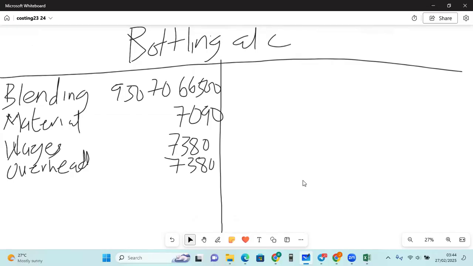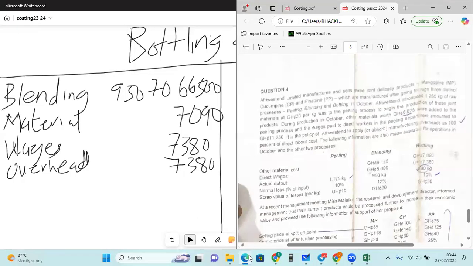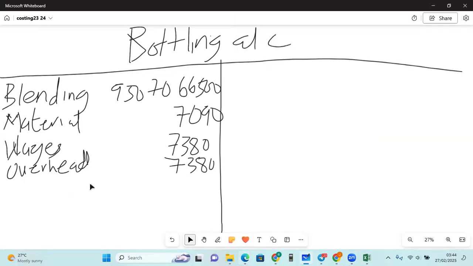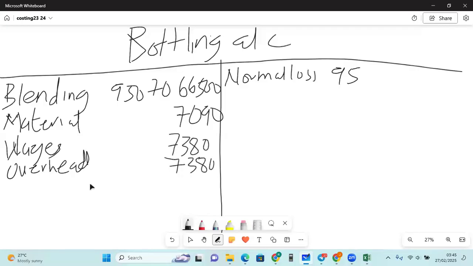Let's compute our normal loss. Our normal loss for this one is 10%, right? So 10% of 950. So we're going to get 95, right?